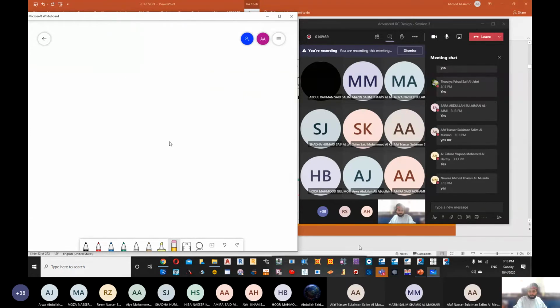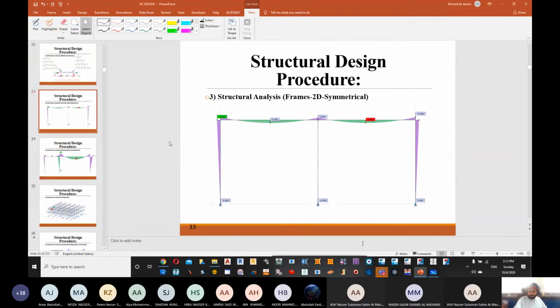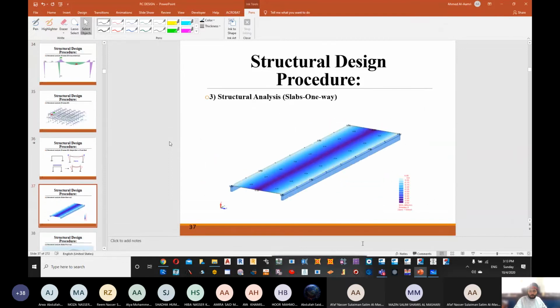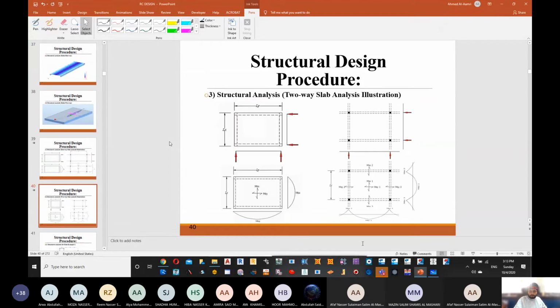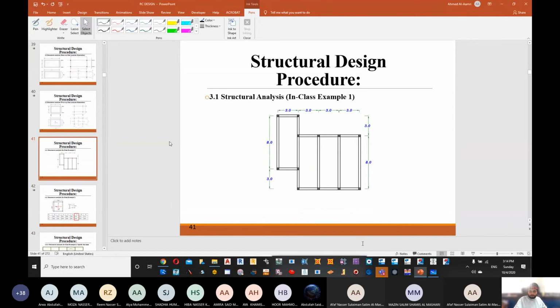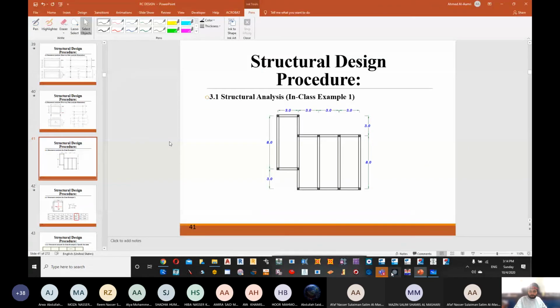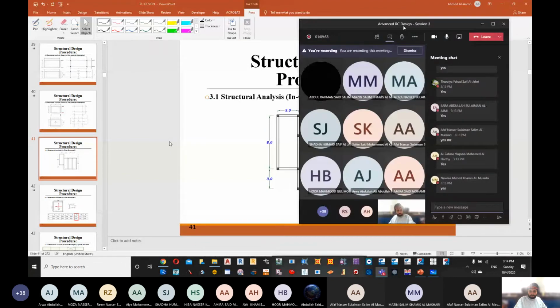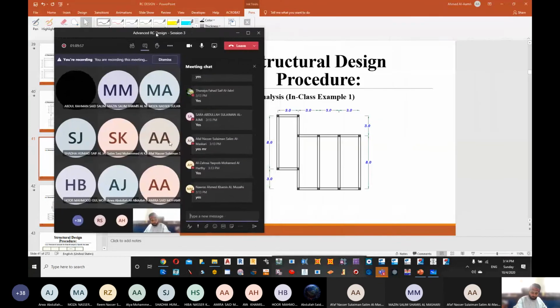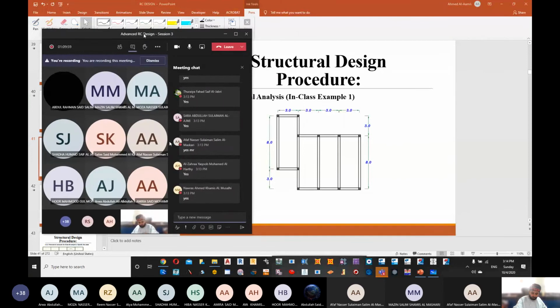If I asked you, for example, since you have already understood, try to draw for me the bending moment for this sheet. Can you tell me how to draw the bending moment diagram?